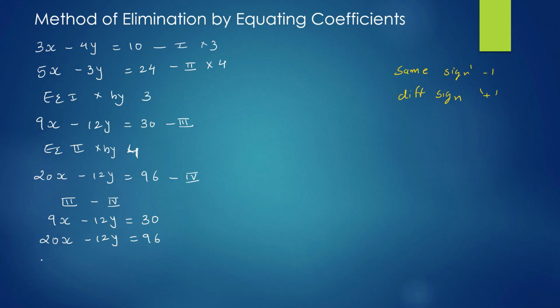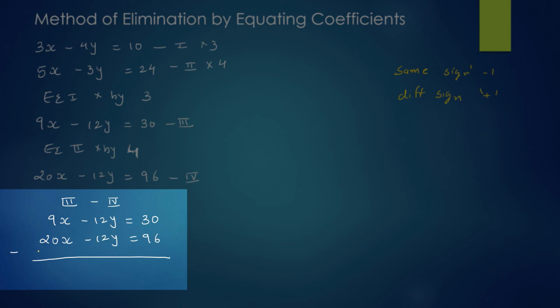Now there is a change if you are using subtraction. If you are subtracting the equation, then you have to change the sign. Positive 20 will become negative 20, negative 12 will become positive, and positive 96 will become negative. So we have to ignore this sign.